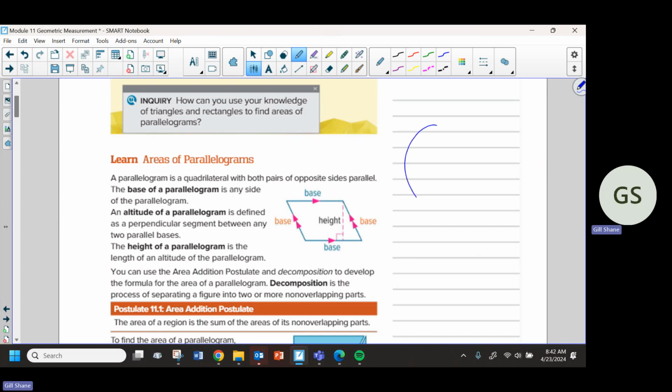I'll just do a simple one, and I'll ask who knows what I'm drawing. Anybody know what that is? Could be a salt shaker. Dylan, what's that look like?